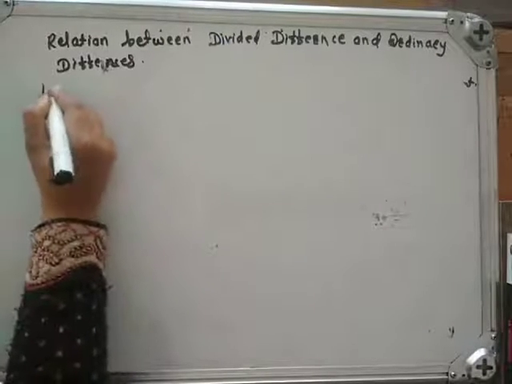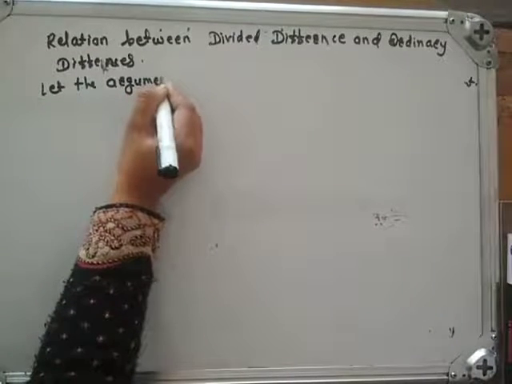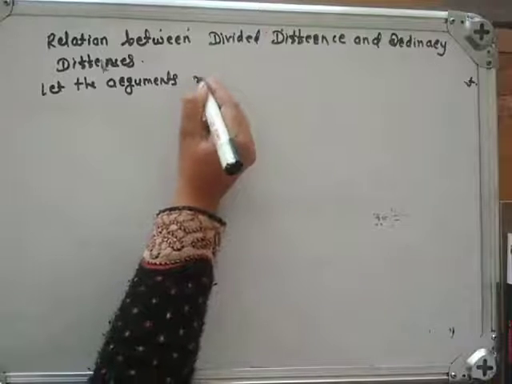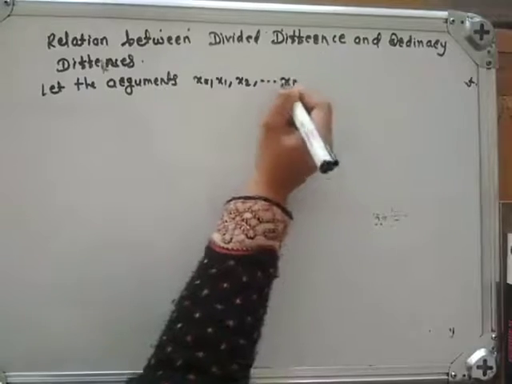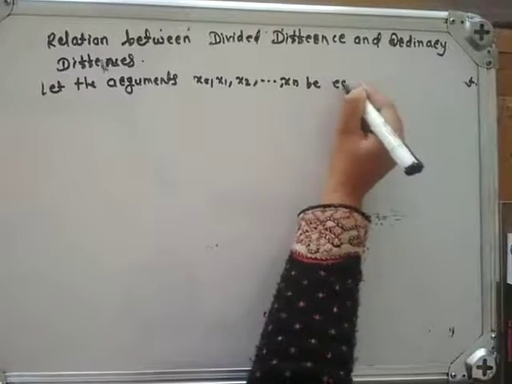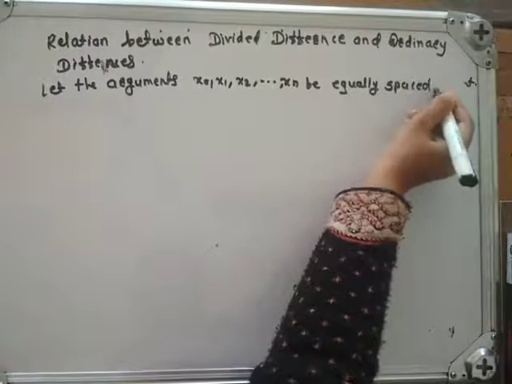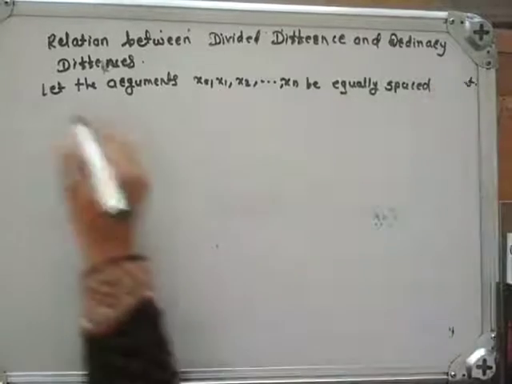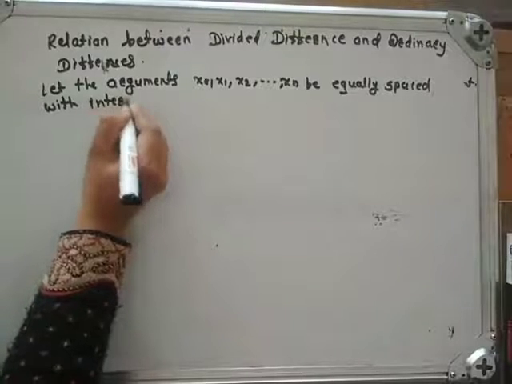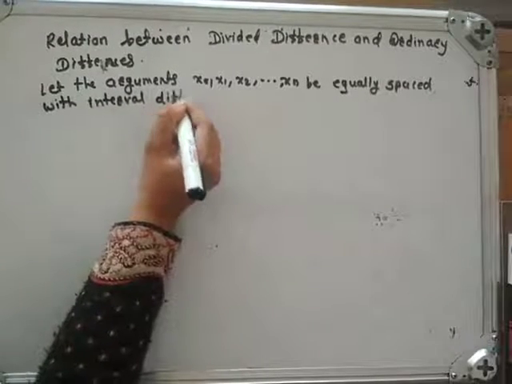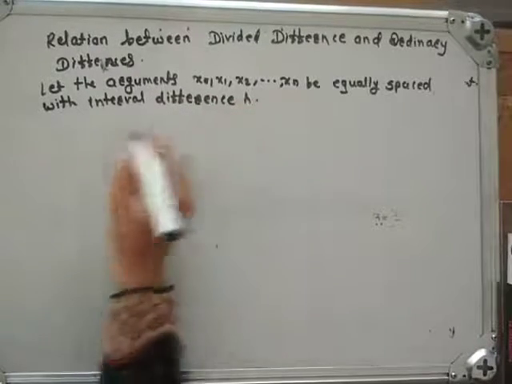Let the arguments x0, x1, x2 and so on up to xn be equally spaced with interval difference h. Okay.